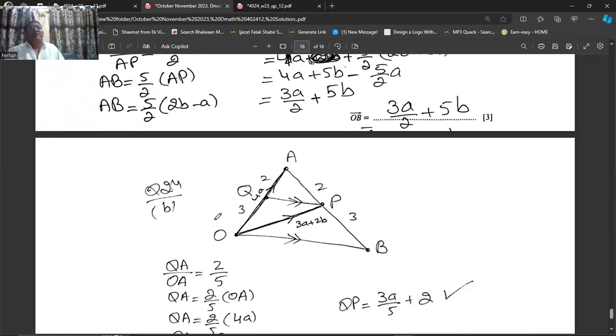So it is given. And you remember the similarity. If these two sides are parallel to each other, then triangle AQP and triangle AOB are similar to each other. And when they are similar, whatever is the ratio between AP and PB, the same is the ratio between AQ and QO.